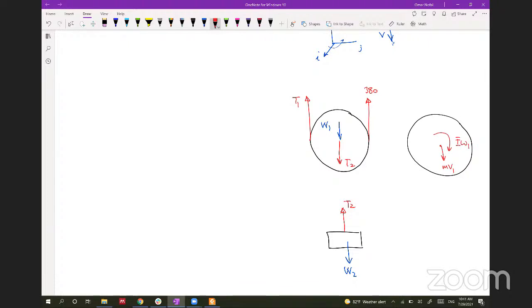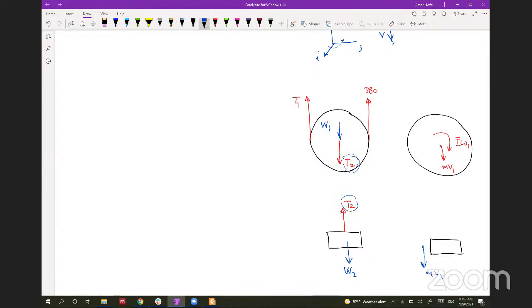This body is making general translation, and this body will be making pure translation like this. You will have mv1, and then solve the system from the top, and you will have another new unknown T2 that appears from this.